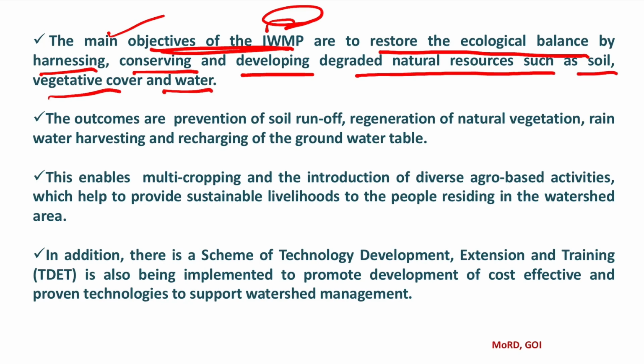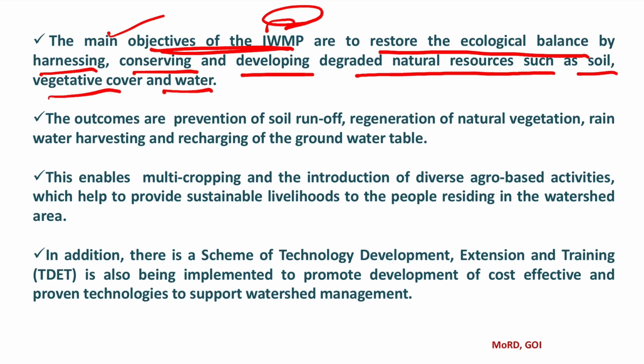We are using the soil, the land, the water, the habitat according to its potential to harness different components or resources, so that we can get more productivity, we can balance the ecology, we can improve the standard of living of those components of that watershed. I mean animals and humans.